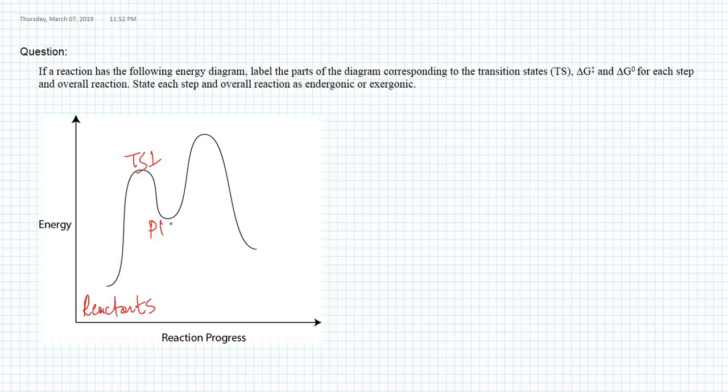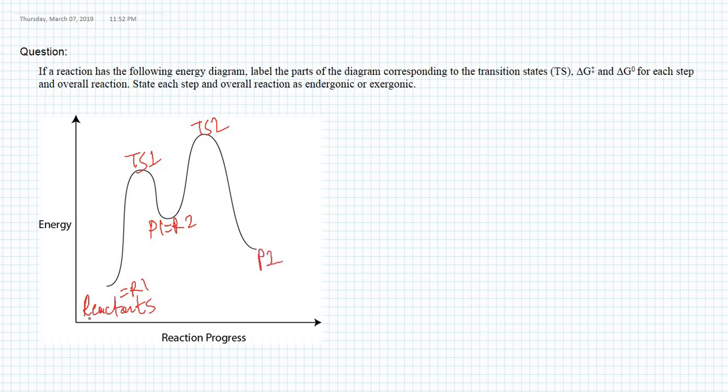Okay, then what's going to happen? The products of the first reaction will behave as the reactants of the second reaction or second step. So let's say that P1 will be equal to R2, or reactants 2. Let's say this first reactant is R1, and then this point is going to belong to transition state 2, and then this final point will belong to the products of the second step.